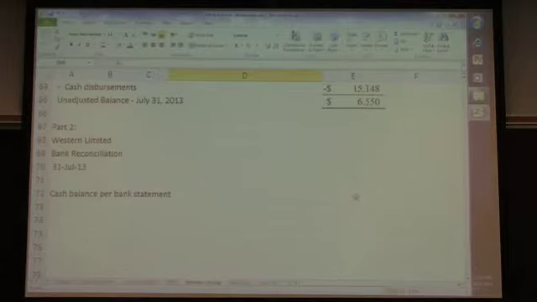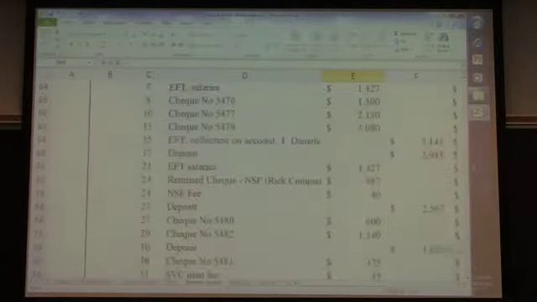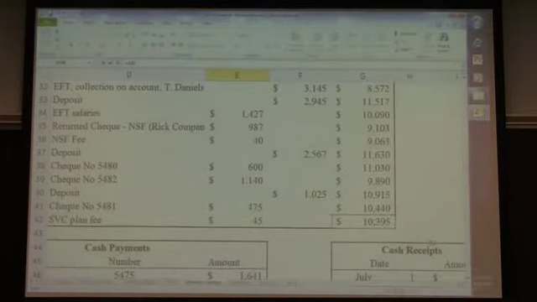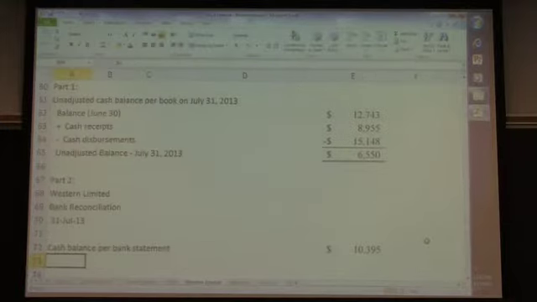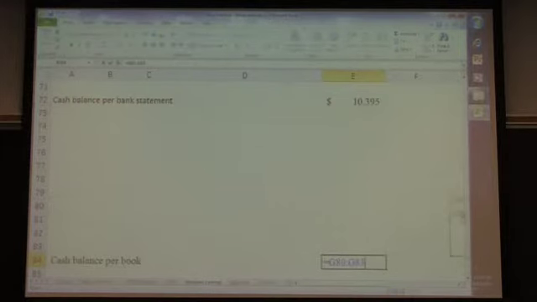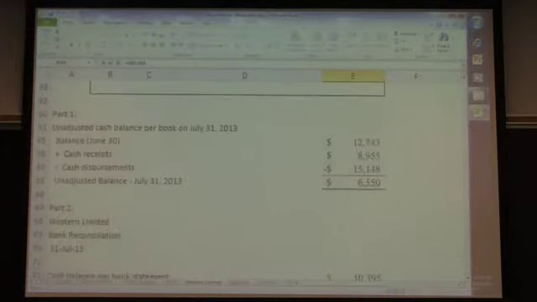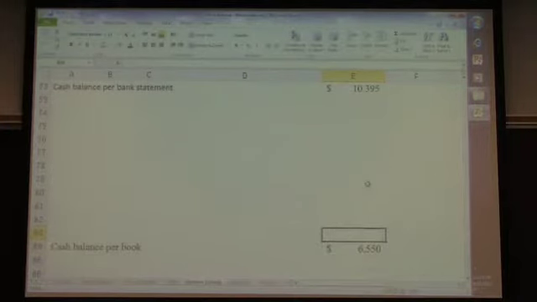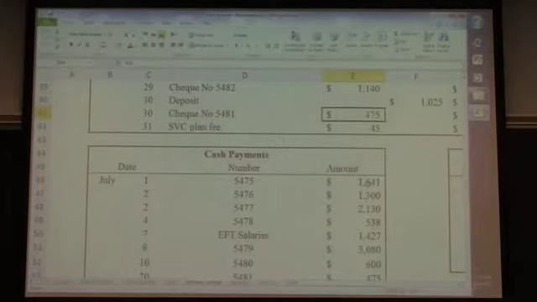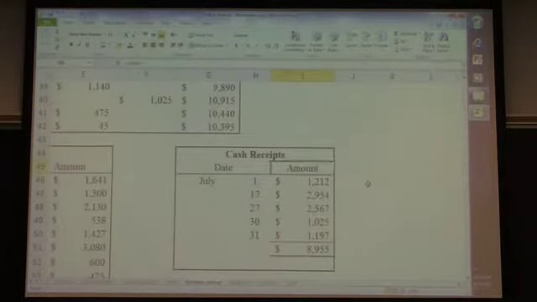All right, so the cash balance per the bank statement is what we have seen up in the top here. The bank statement's opening balance is 10,395. And the cash balance for the book, as we have calculated it before any adjustments, is 6,550. So let's take a quick look at reconciling the checks that have cleared through the bank and also the cash deposits that have cleared through the bank.